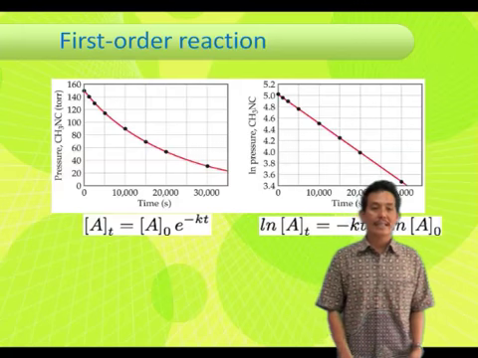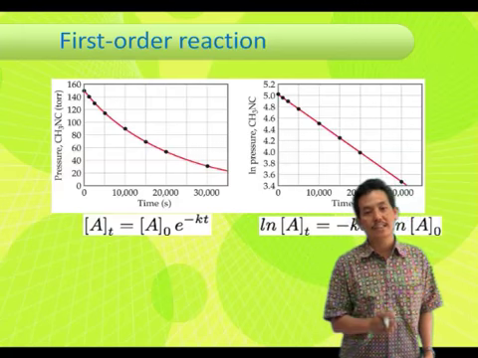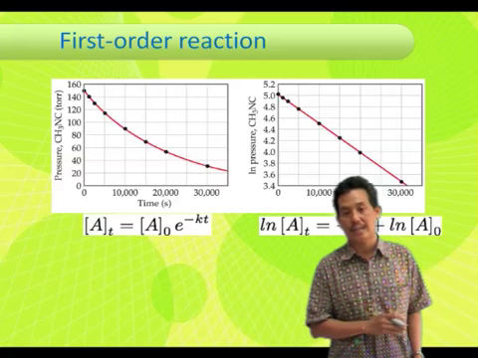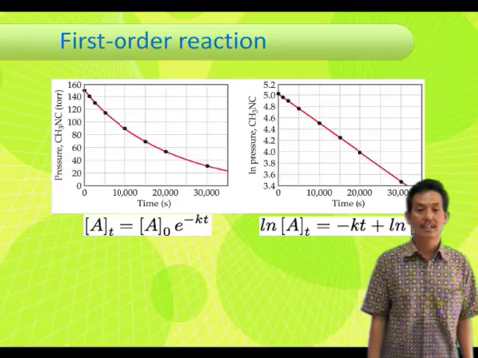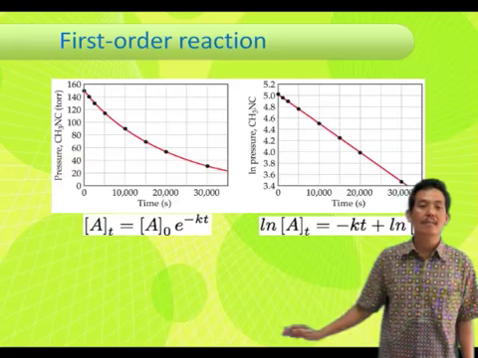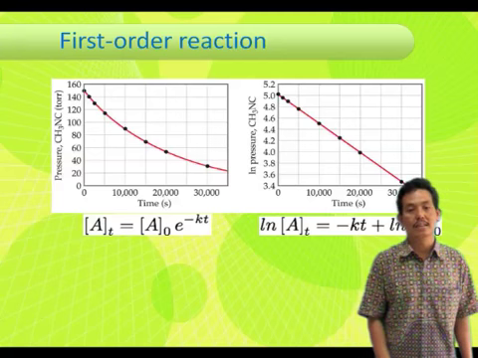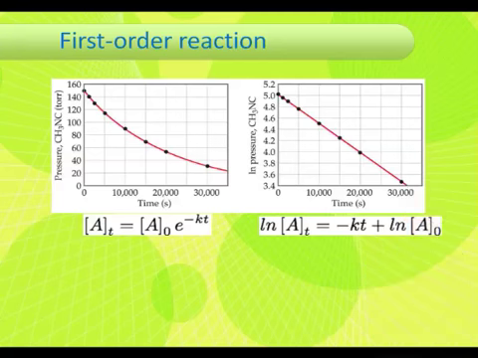By plotting the natural log of the concentration of reactant against the time of the reaction, if we have a straight line, as I discussed earlier, then we are quite convinced that our reaction is first order.